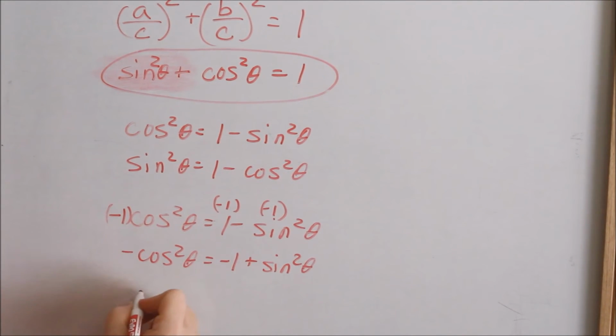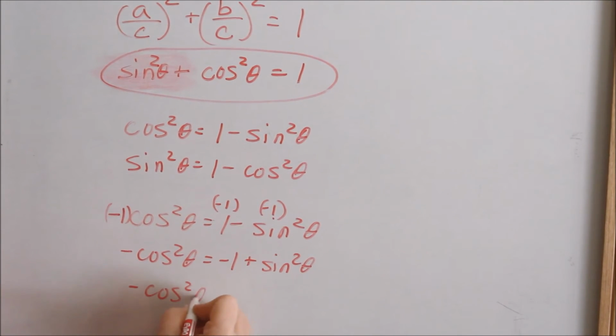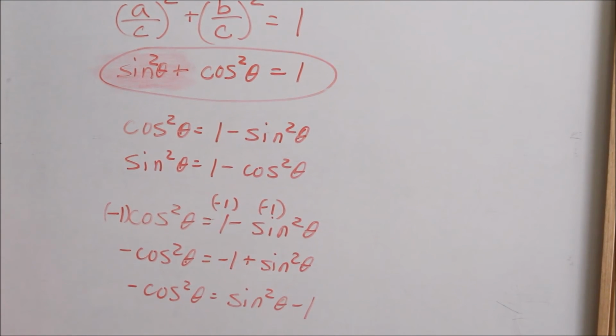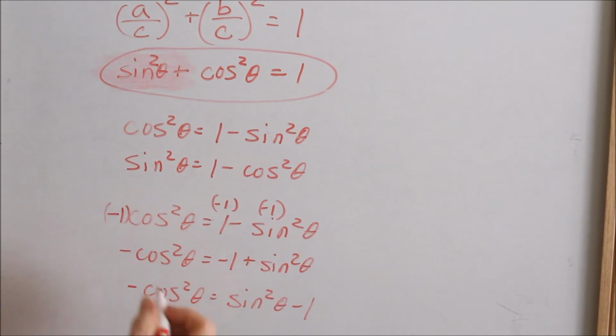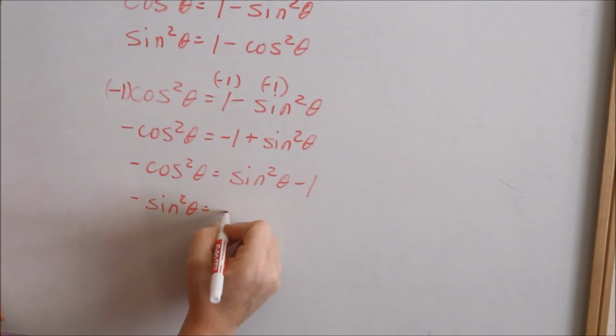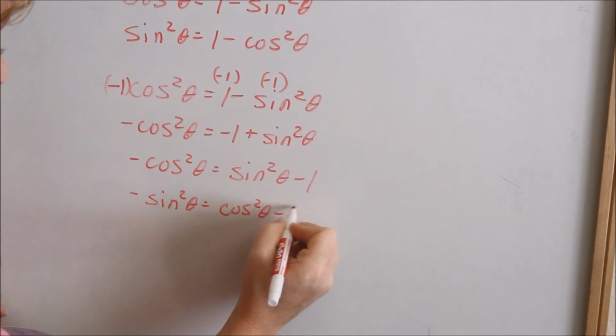But instead of seeing it like this, you will usually see it as sine squared theta minus 1. The same is true if we took the sine squared. If we have negative sine squared, that would end up being cosine squared theta minus 1.